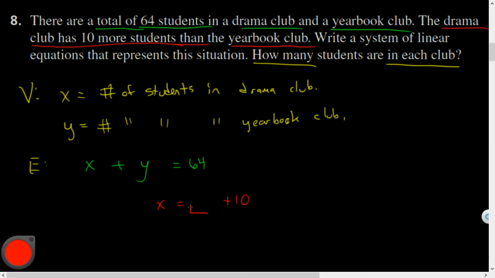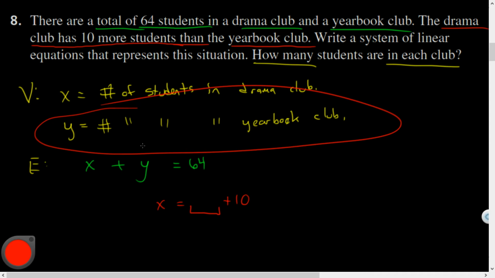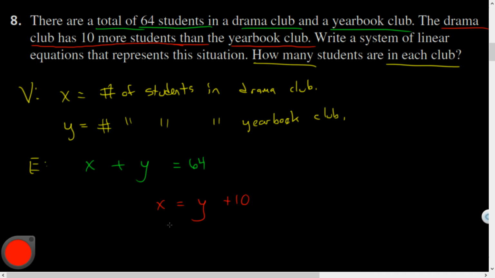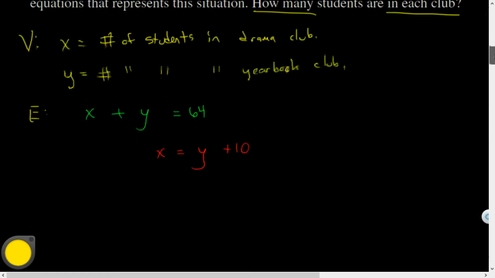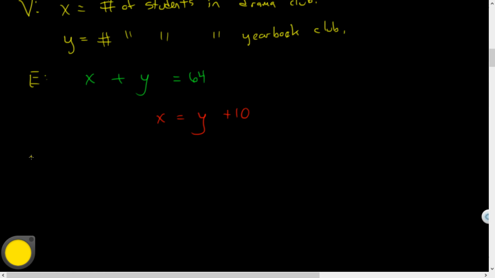What represents the yearbook club? The number of students in yearbook club is y. Aha. So here's my two equations. Translating those facts to equations using our variables, that's going to be the tricky step, no doubt. So let's solve that system.